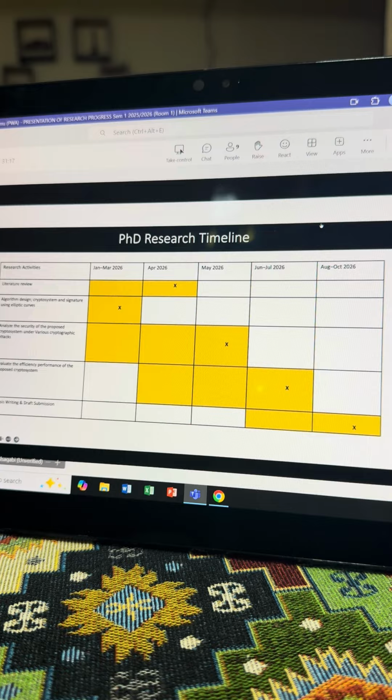Okay, so let us go to the work that motivates your work. What are the existing works from the literature review that motivate you to come up with this new crypto system and digital signature scheme?